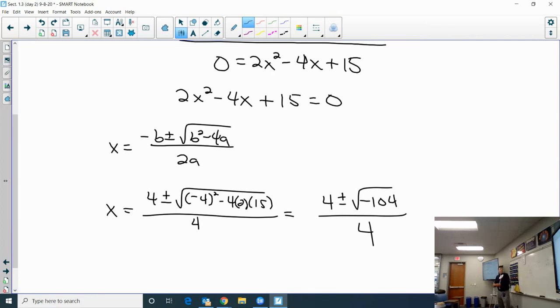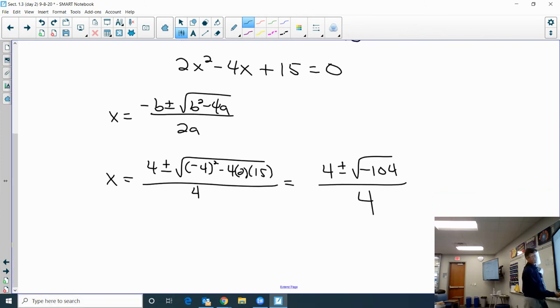Or you can look for perfect squares, like 4, 9, 16, see what goes into that. I think the only perfect square that goes into 104 is 4. 4 times, what is it, 26? And then 26 is 2 times 13. Square root of 4 is 2. But either way, you got 2i square root of 26.